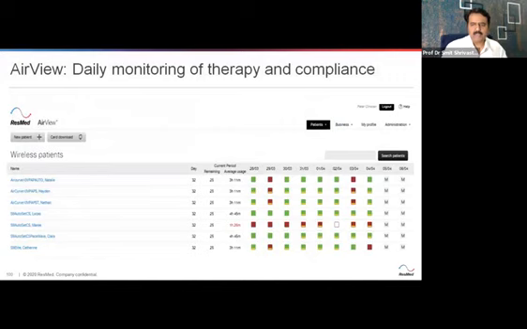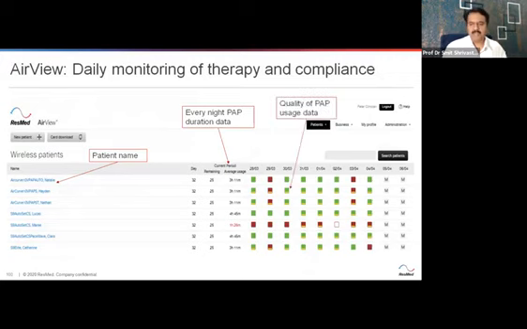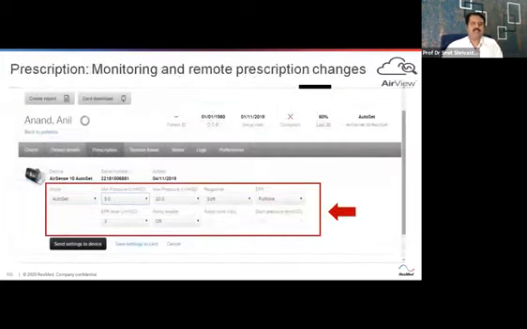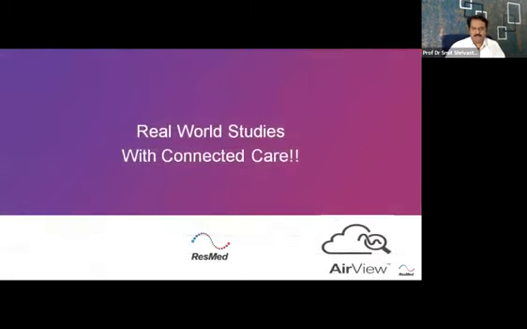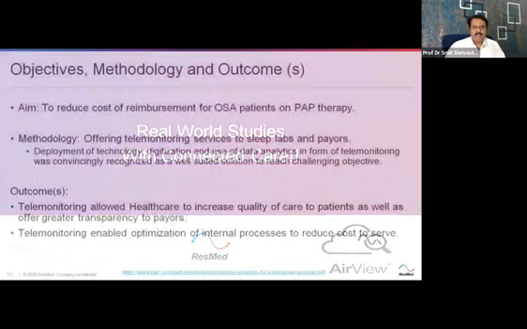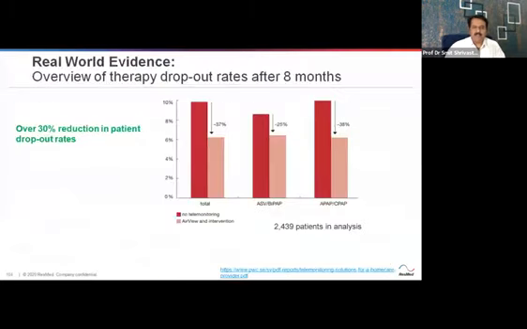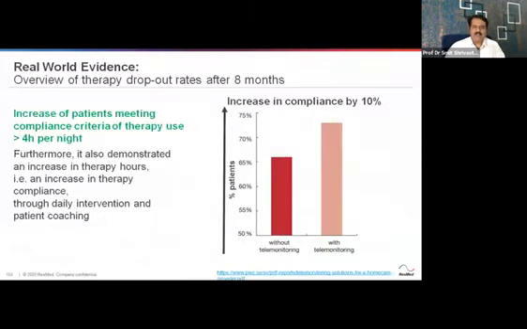And this is how it comes up, with the patient name and how much they have used, which date they have used it well, which date they have not used it well. Sometimes the person is traveling, and it can tell us how they use it. And there are a number of studies which prove that this is beneficial for our patients.